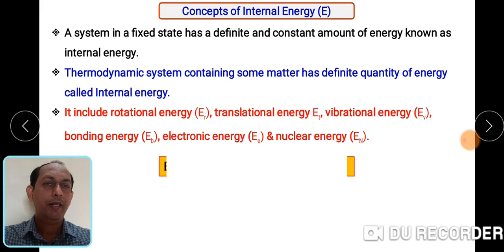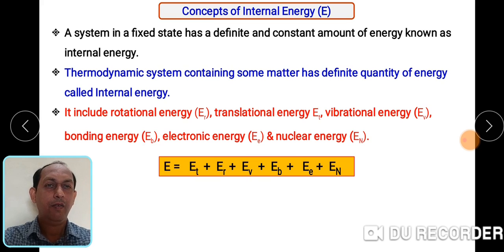So internal energy, we can say, will be the sum of translational energy plus rotational energy plus vibrational energy plus bonding energy plus electronic energy plus nuclear energy.